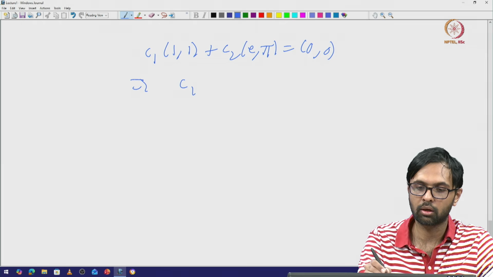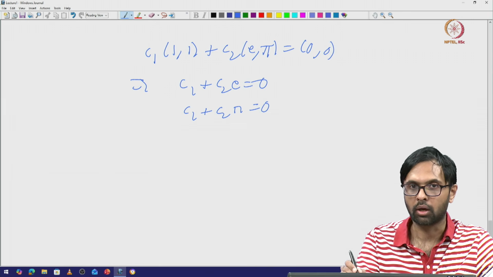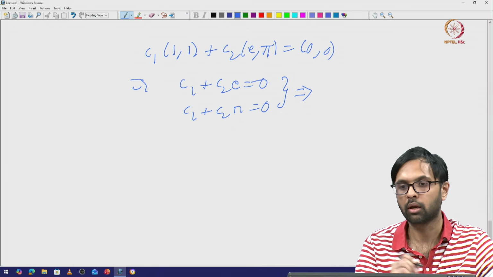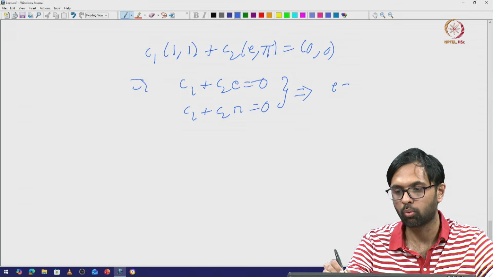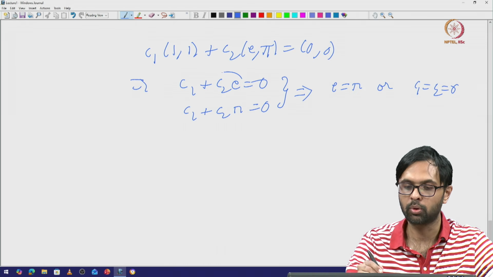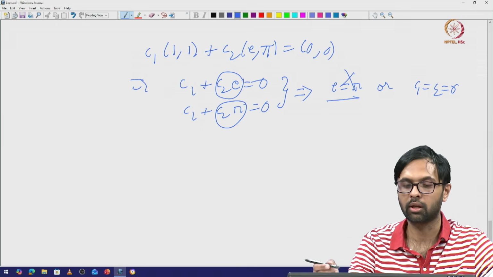Then C1 plus C2 times e is 0, C1 plus C2 times pi is 0, and one of these is not 0. So, what would this imply? It would imply that either e equals pi or C1 and C2 are both 0. Why? Because C2e equals C2 pi. So, unless C2 is 0, e must be pi. If C2 is indeed 0, C1 must be 0, and this is of course incorrect. One of them is less than 3, the other is larger than 3.